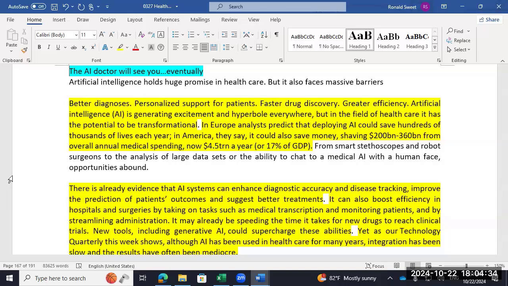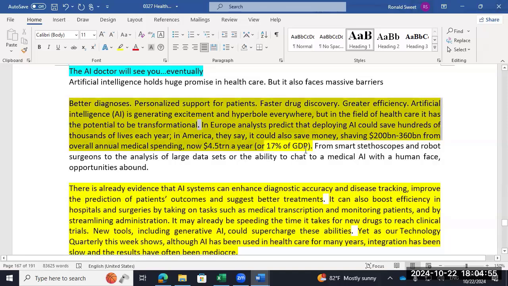There is some sense that AI is having a bigger impact on healthcare than a lot of other industries. Healthcare is using it without much fanfare and many articles, but it seems to be doing it more intelligently than others. AI could save hundreds of thousands of lives each year, could save money.